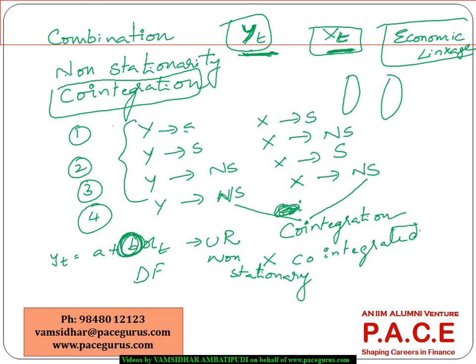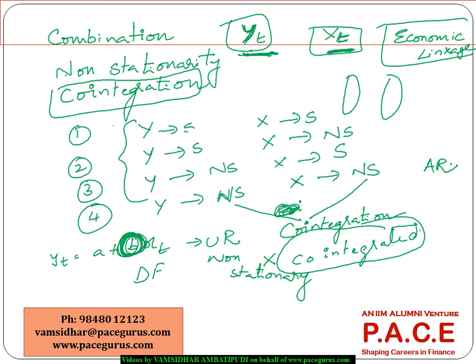So I'll check whether this value is equal to 1 or not, and if it is not equal to 1, then I can very well assume that this particular data series is co-integrated, and whenever it is co-integrated, I can even apply the autoregression model on top of this.